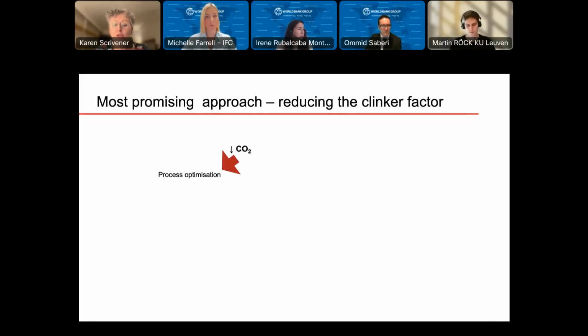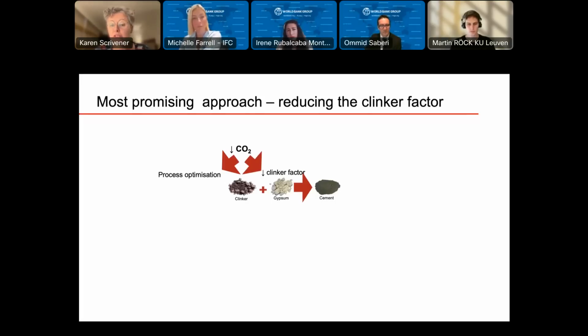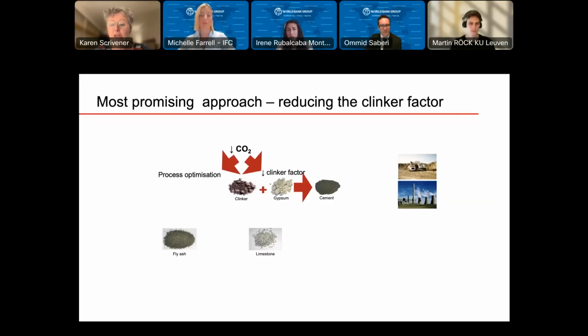Now, to look at the first stage, which is reducing the clinker factor. Traditionally, we used to take clinker and gypsum, and these used to be ground together to produce cement. Nowadays, this is only a very small minority of cement, and most cements contain additional materials such as limestone, such as fly ash, which comes from burning coal to produce electricity, and slag, which comes from producing iron.